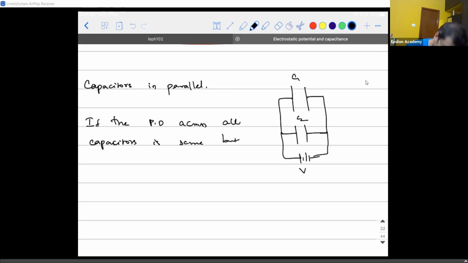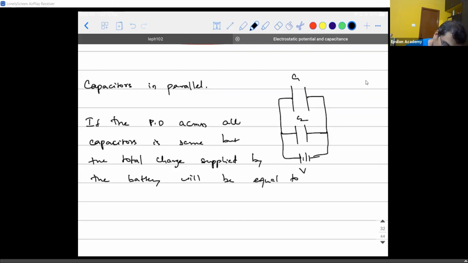but the total charge supplied by the battery will be equal to the sum of charges on each capacitor.